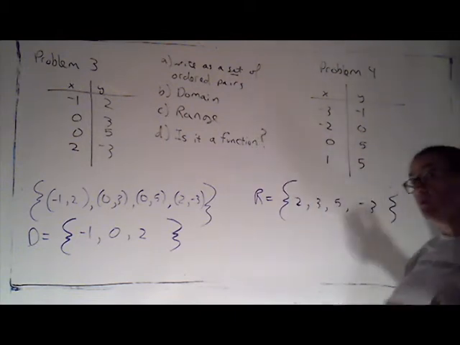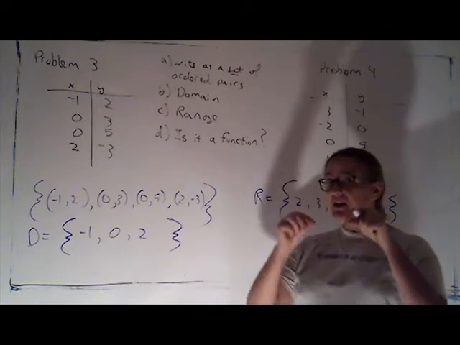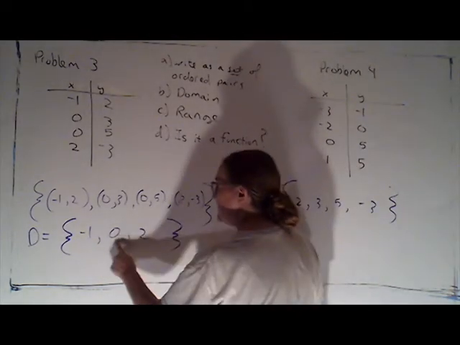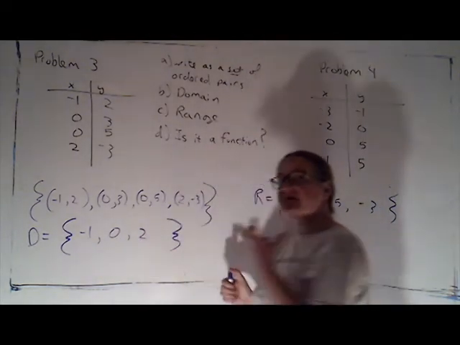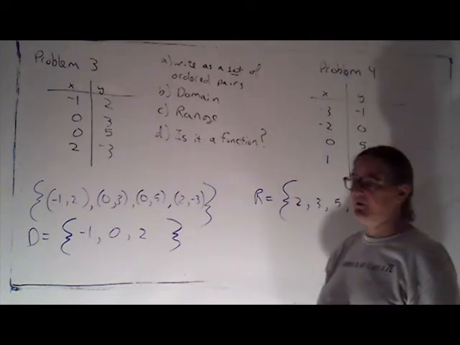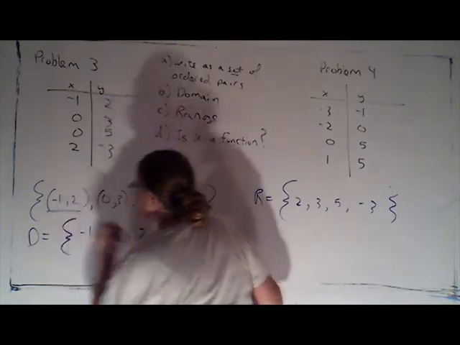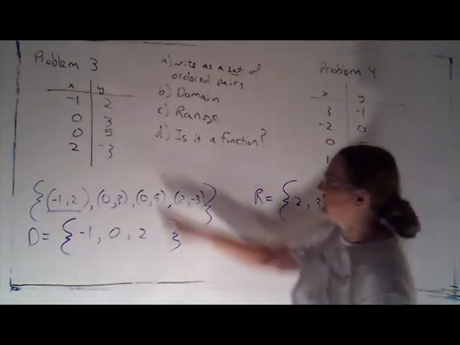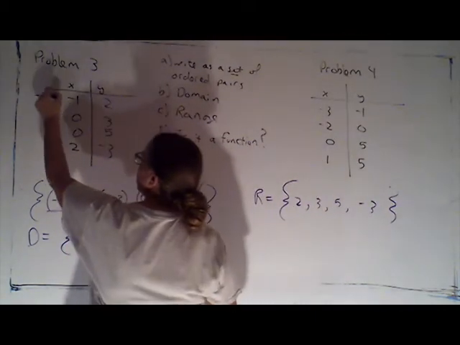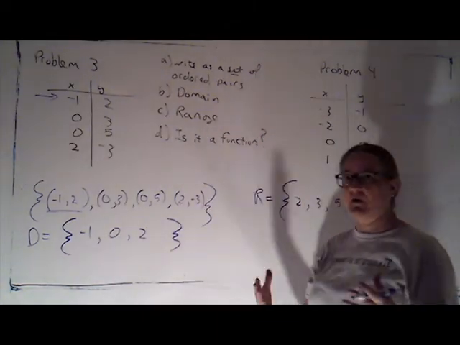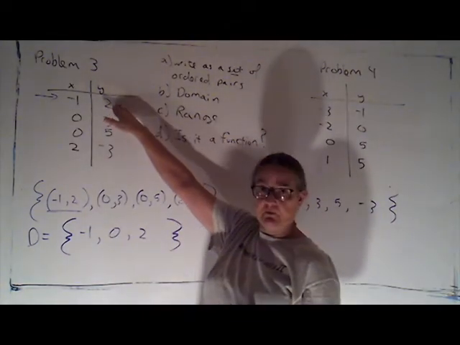So remember, the rule is if it's a function, each input, each one of these 3 x values has a unique y value associated with it. So if I look at negative 1, there's only one point that has negative 1 in it. Or if I look up here, negative 1 appears just once in this table of values. So the only y value that goes with that is 2.